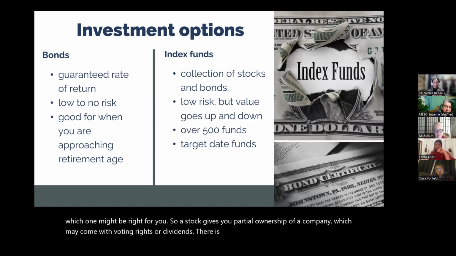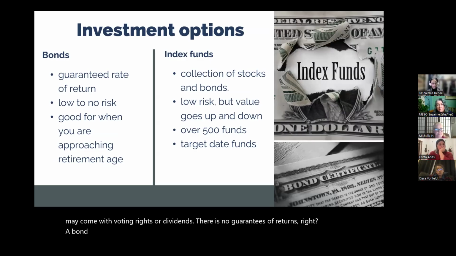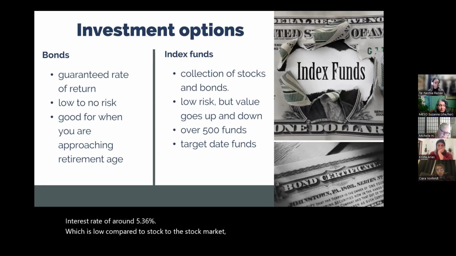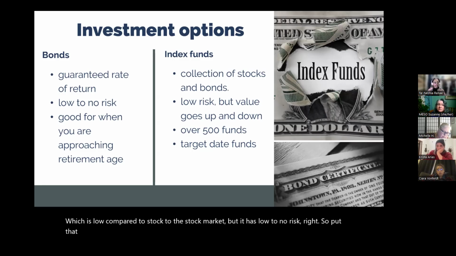A bond is an IOU from the government. Bonds pay a fixed guaranteed interest rate of around 5.36%, which is low compared to the stock market, but it has low to no risk, right? So to put that into perspective, the OnPoint Premium Bundle interest rate is currently 5.25%.